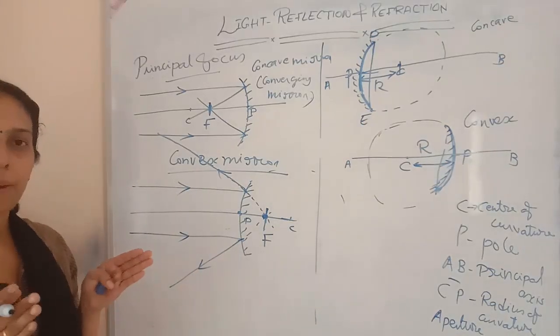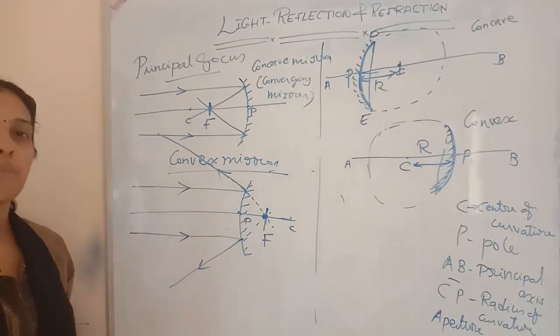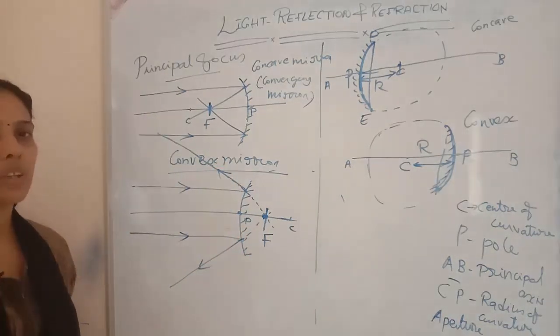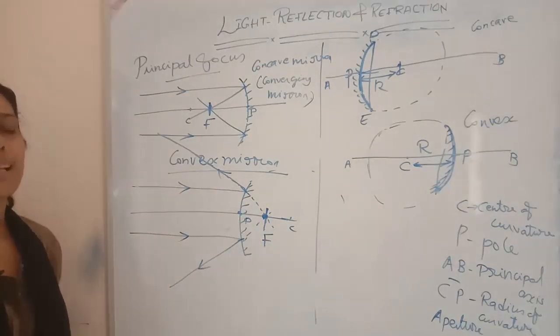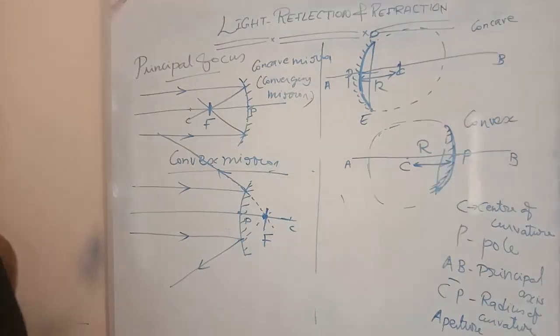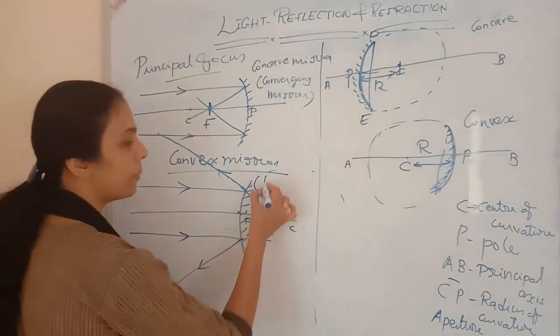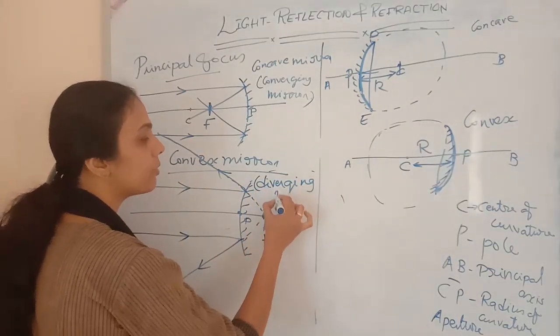The rays which are passing parallel to the principal axis, after reflection will appear to diverge from a point on the principal axis. That point is called the principal focus of a convex mirror. Since it is diverging from one point, it is otherwise called a diverging mirror.